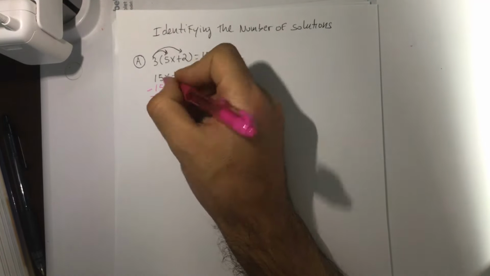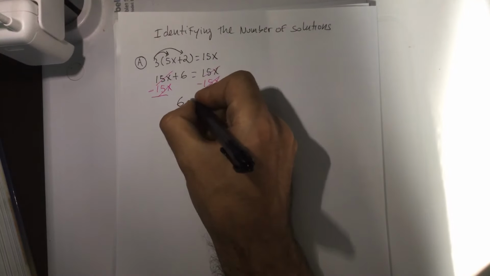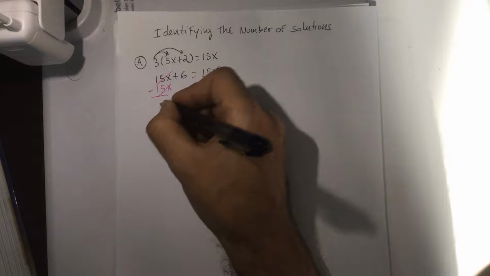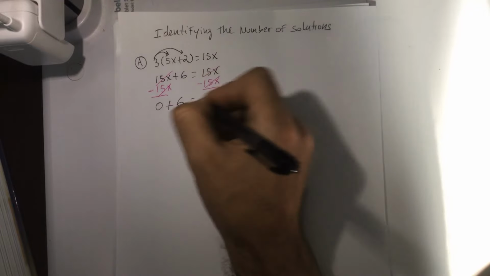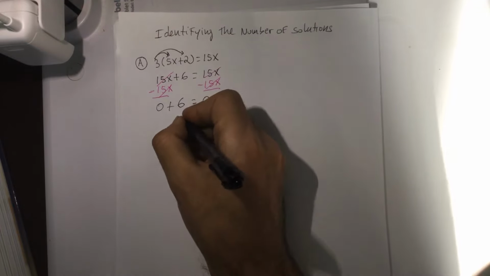And 15x minus 15x is also gonna be a 0. So what we got is 0 plus 6 equals 0. And if you simplify that, it's gonna be 6 equals 0.